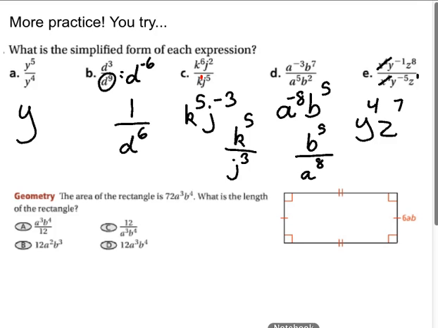Now, maybe you're not thoroughly convinced. I mean, you see the calculator gave you that y to the 4, but maybe you want to understand why it works that way, okay? So I'm going to focus on those y's for a moment. Those y's have negative exponents, correct? So those negative exponents, what if I moved them? So that y to the negative 5 is going to have a better attitude up top.